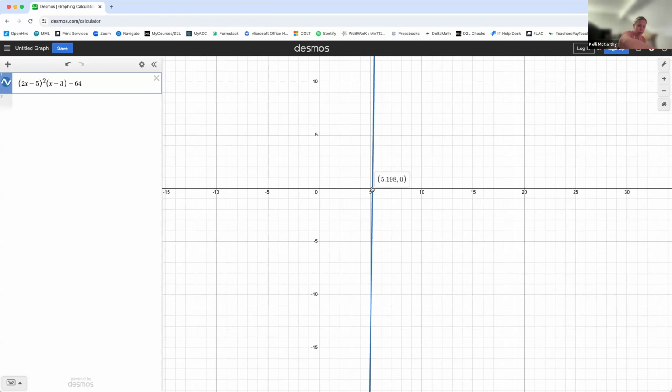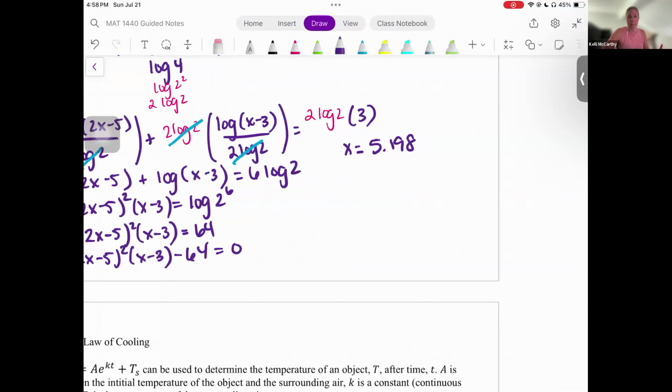So that 0 is when x equals 5.198. So there's our solution. Sometimes we're going to have to use technology to find those solutions. All right, but now we have our solution.